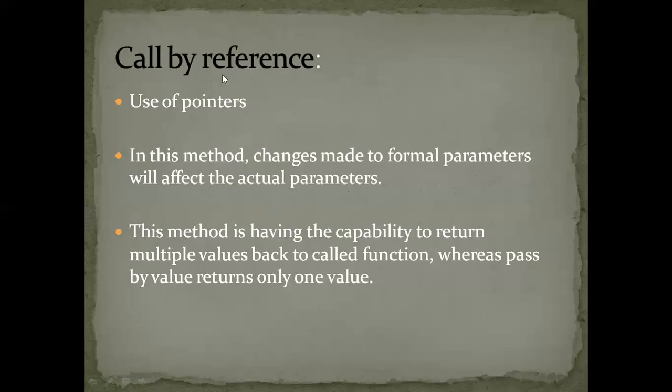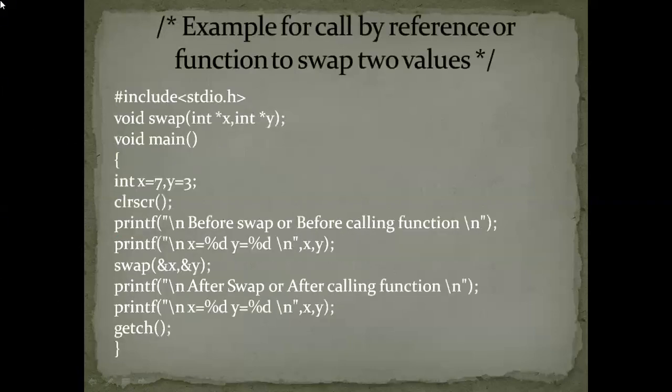Remember, in call by reference, whatever changes we make to the formal parameters will affect the actual parameters. We'll see the example. This method has the capability to return multiple values back to the called function, whereas pass by value returns only one value. So we'll have one example on this.